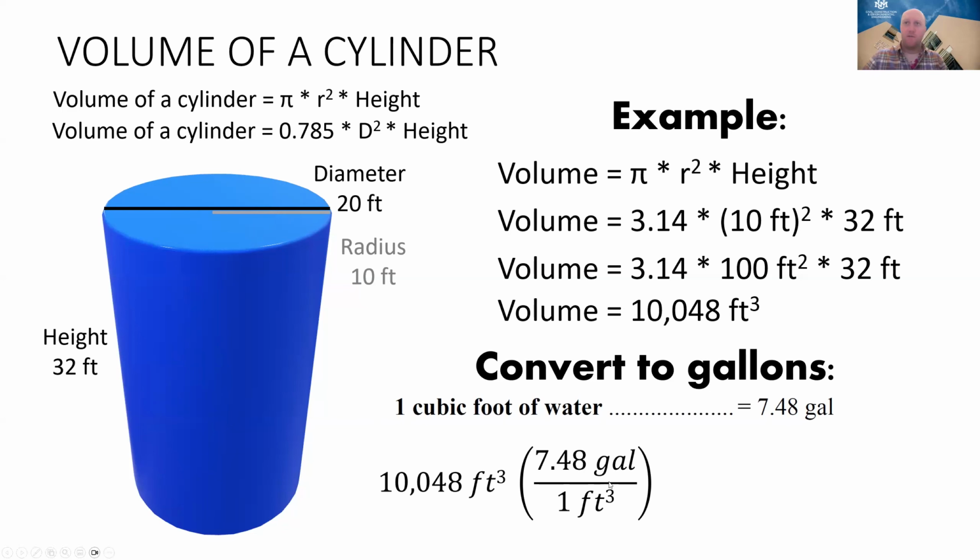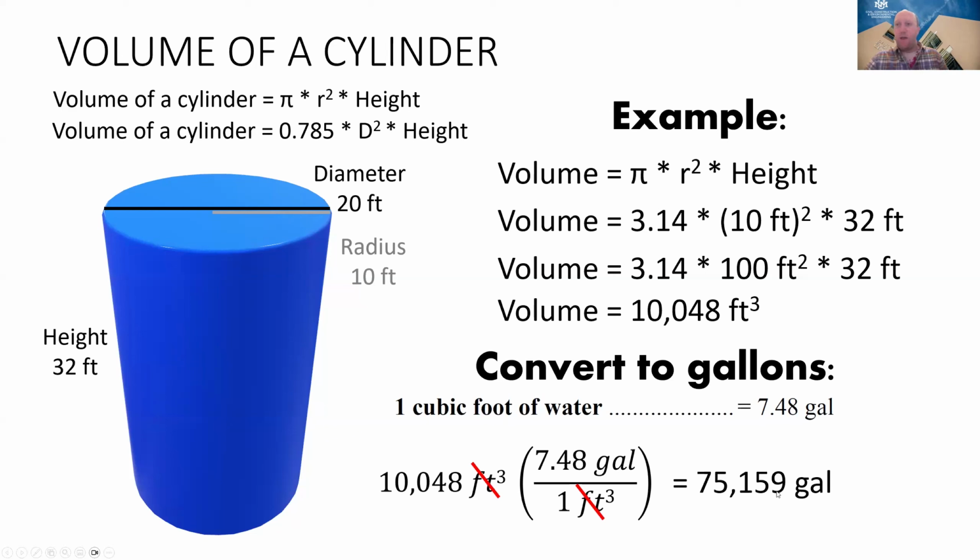I'm going to turn that conversion factor into a fraction, and I have feet cubed as the numerator on this side, and so I want to have it as the denominator on this side, on the bottom over here. And so I want to cancel those out, feet cubed, and then if we multiply that through, we end up with gallons. Okay, so our answer is 75,159 gallons. So that's a pretty specific answer.